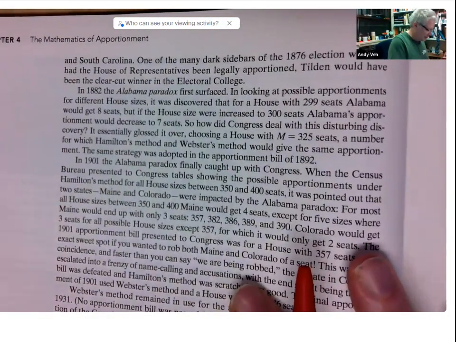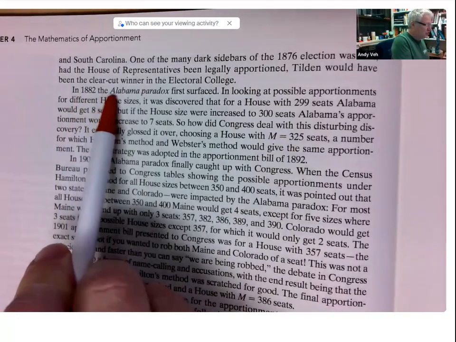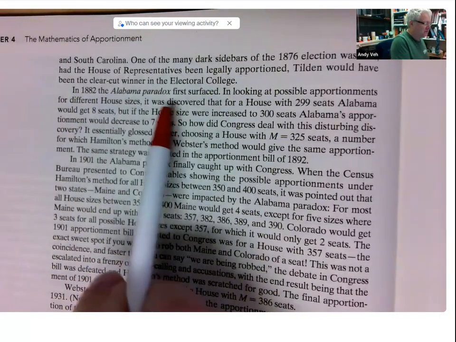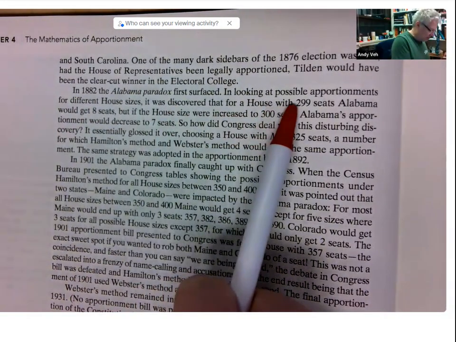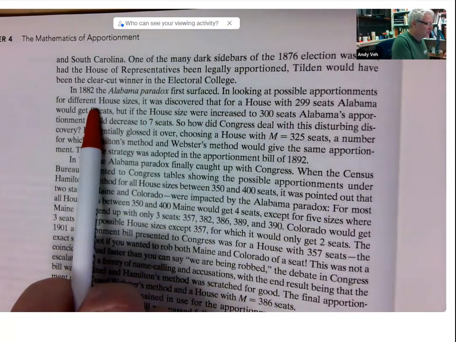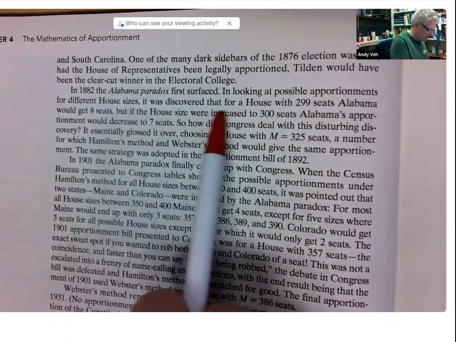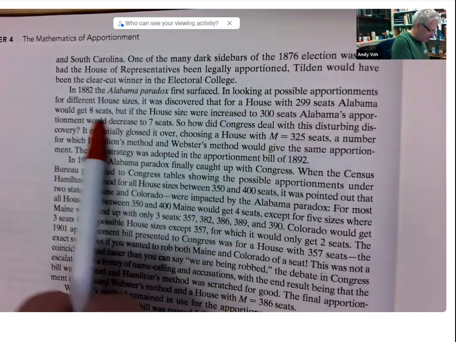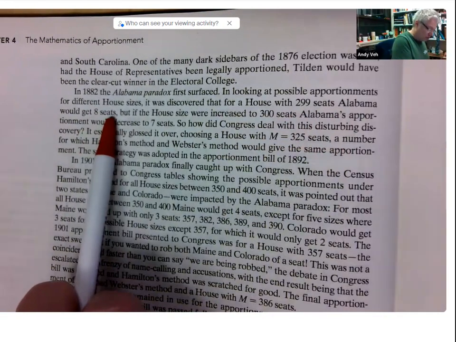Now I might run into a problem here on my desk. So in 1882, the Alabama paradox first surfaced. Looking at possible apportionments for different house sizes, it was discovered that for a house of 299 seats, Alabama would get 8 seats. Okay.